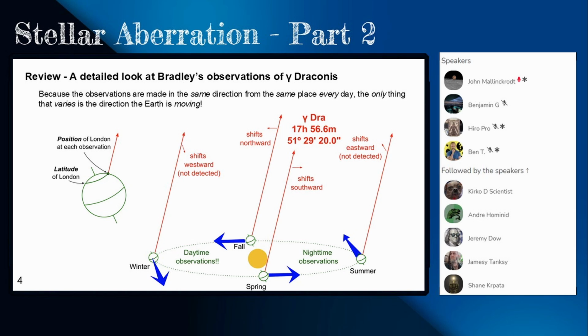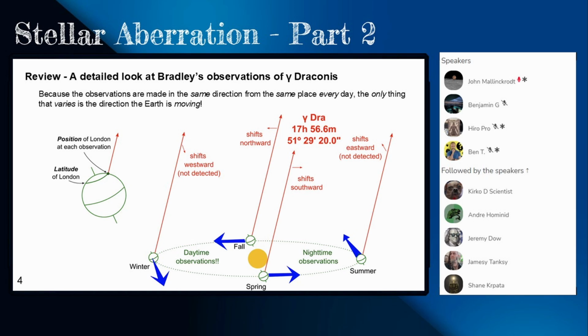Three months later in the spring, when the Earth is now moving to the right, the star will be shifted to the right. And once again, if you refer to the big picture, you can kind of see that shifting to the right corresponds to the star appearing to be at a lower position in the sky, a southerly position in the sky.